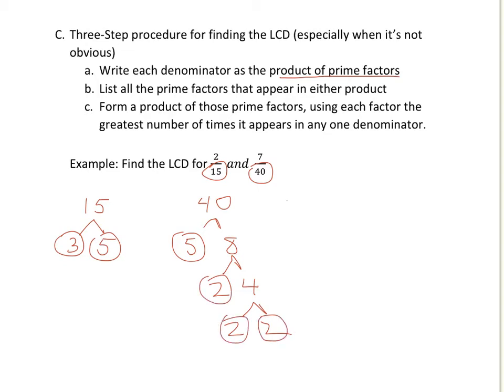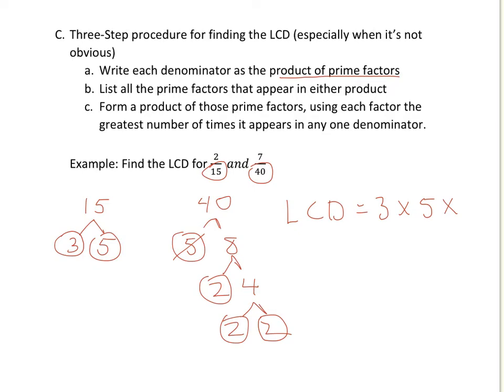So my lowest common denominator will be, I've done step A here, so now I'm going to look at step B, and I'm going to pull out all of the prime factors. Okay, so there's a 3, and I'm going to multiply them. So times 5 times, now the 5 is repeated here in the second number.